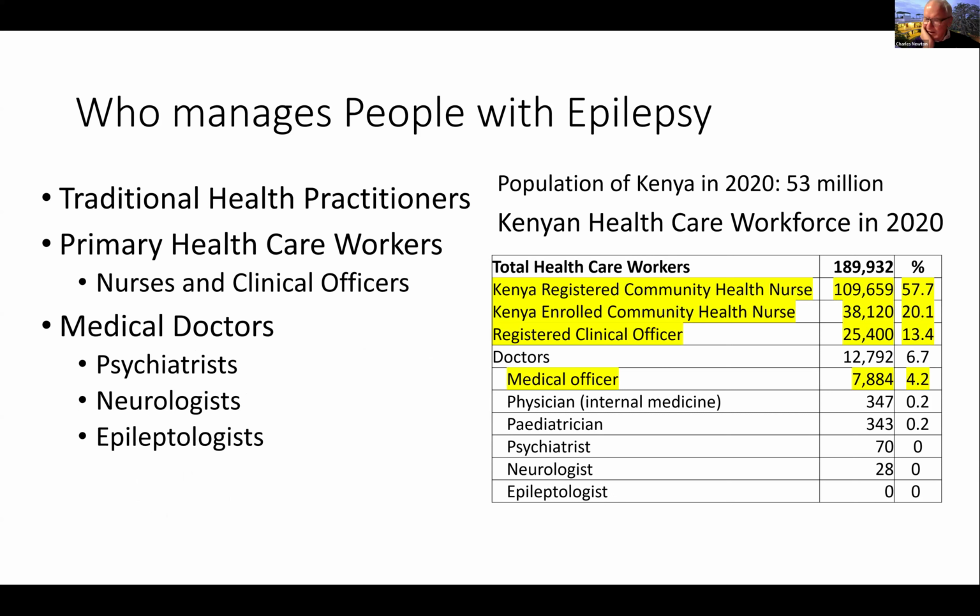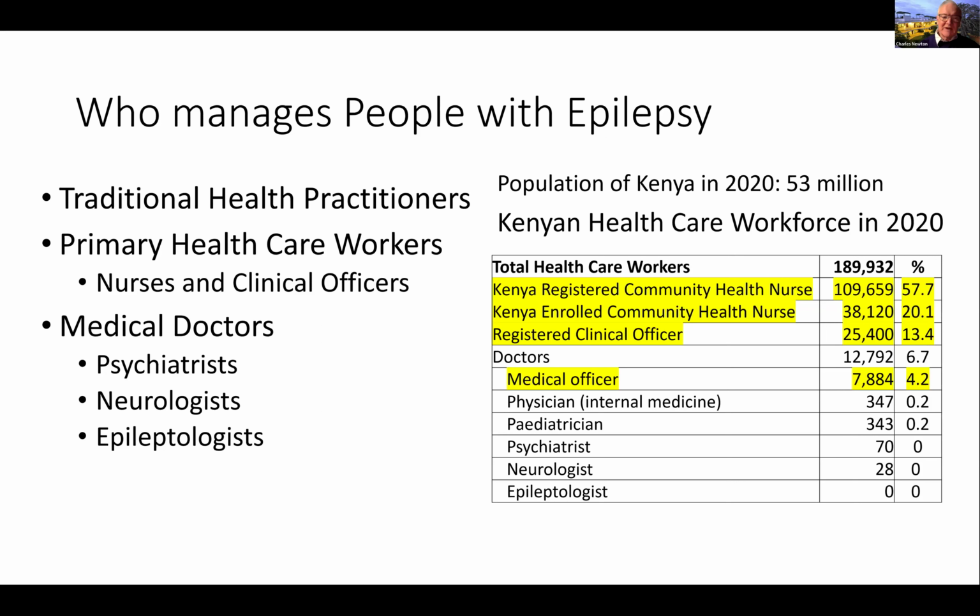So you can see that the people who actually see epilepsy in primary healthcare are mainly community health nurses, clinical officers, and medical officers. And this represents probably about 95% of the health care workforce within Kenya. And those are the people that are dealing with epilepsy on a day-to-day basis in the context of their practice.